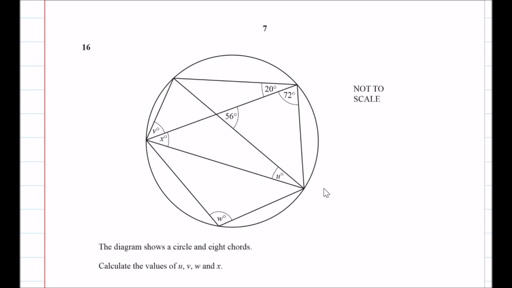Next, question number 16. Here we have to find angles U, V, W and X. So first of all, observe finding U. U is here. If you observe this angle and this angle, they are angles in the same segment on this chord.